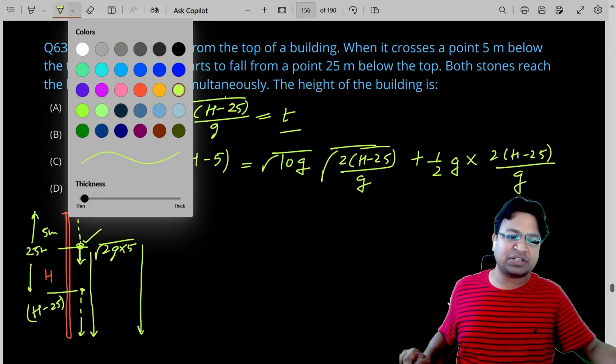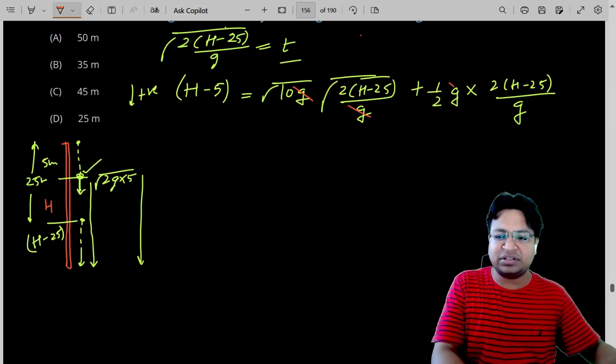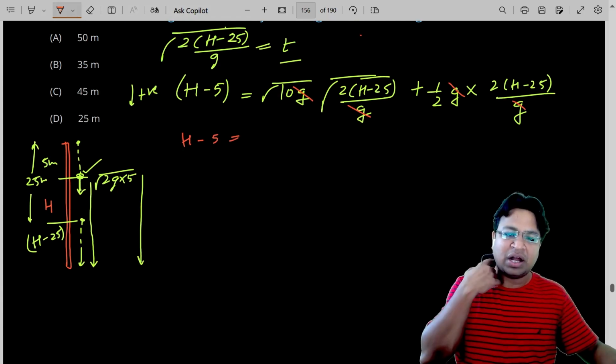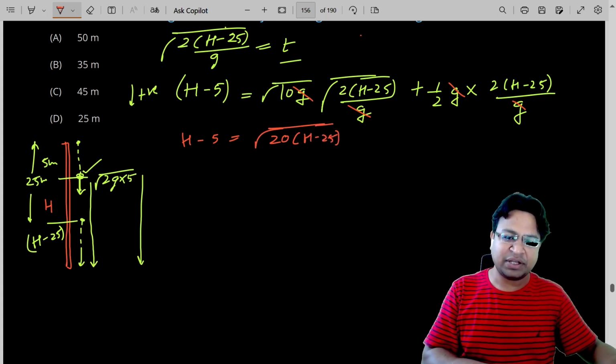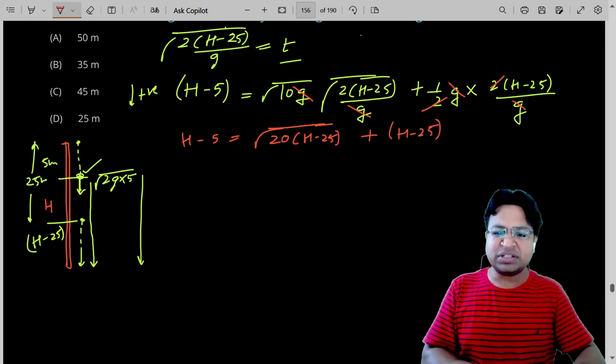So now I have to finish this calculation. This g gets cancelled, this g and this g also get cancelled. So we get h minus 5 is equal to root of 20 into h minus 25, plus this 2 and this 2 get cancelled, plus h minus 25. This is the equation that we are getting.